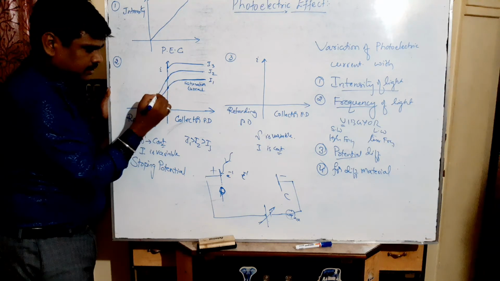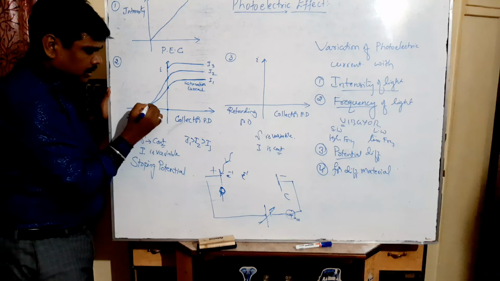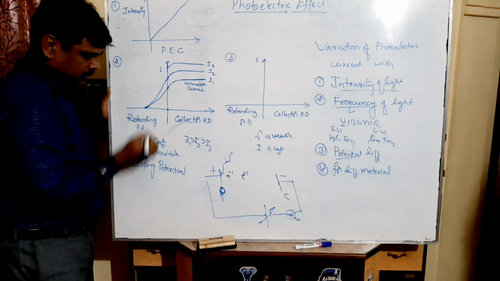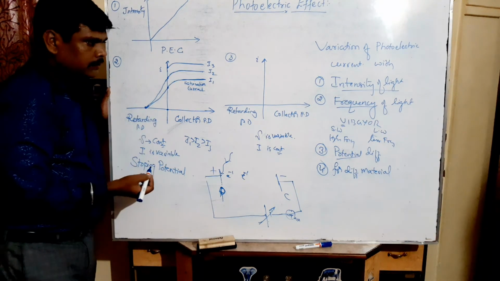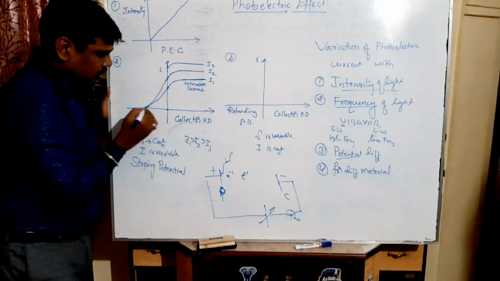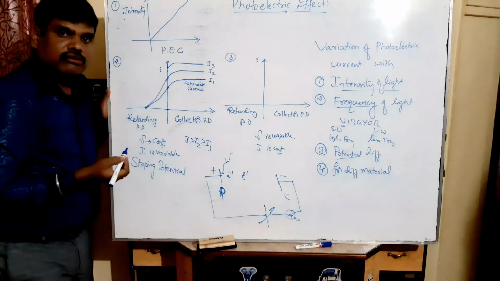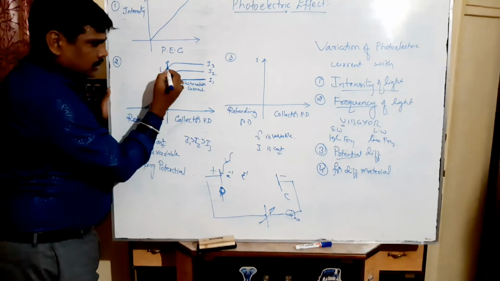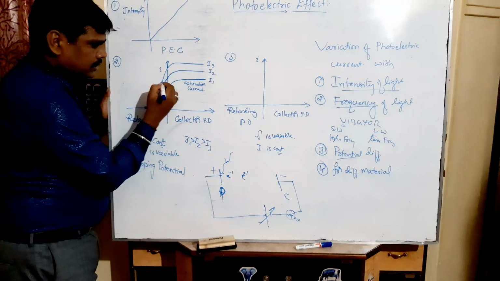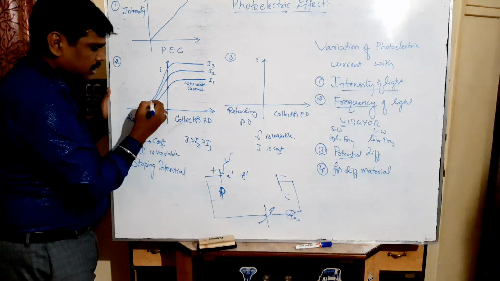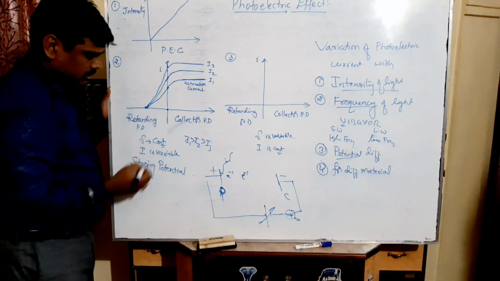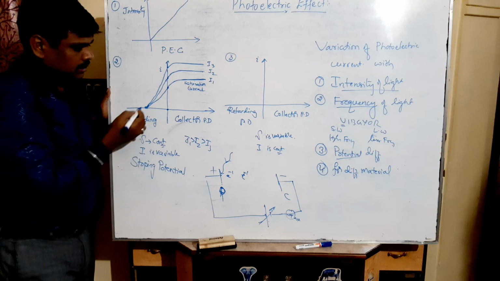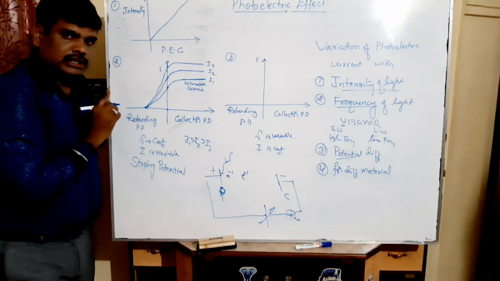Finally, for the same stopping potential, for the second intensity also, the stopping potential will be the same value. Stopping potential does not change. Same thing here also: if you increase the negative potential, at a particular stopping potential the photoelectric current completely becomes zero.